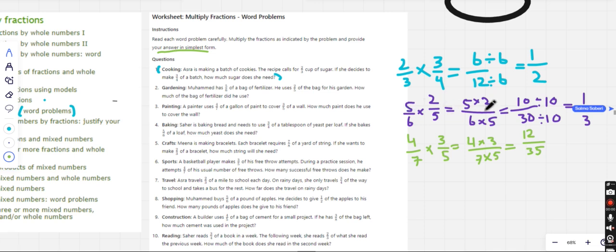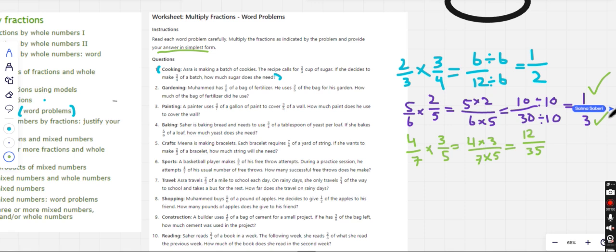So 5 times 2 and 6 times 5 we get 10 over 30. Again you check that 10 and 30 have a common factor, so we divide both by 10. 10 divided by 10 we get 1 and 30 divided by 10 we get 3.